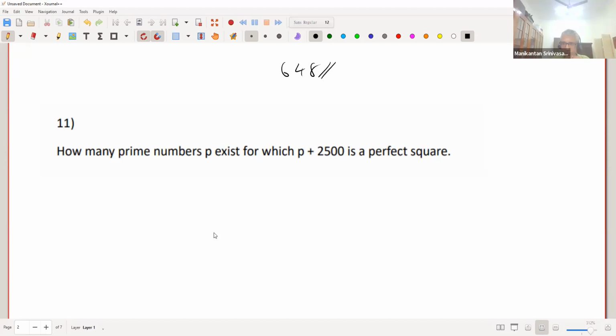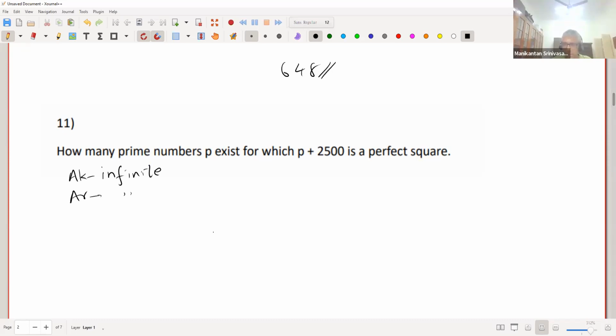The number of perfect squares is infinite, the number of prime numbers is infinite? Yes, Gyan, you are saying infinite. Akrit is saying infinite. Even I thought it was infinite, it could be possible. Arsh is also thinking it's infinite.